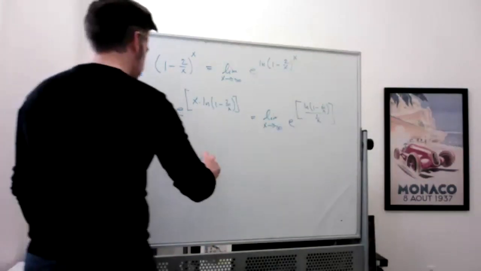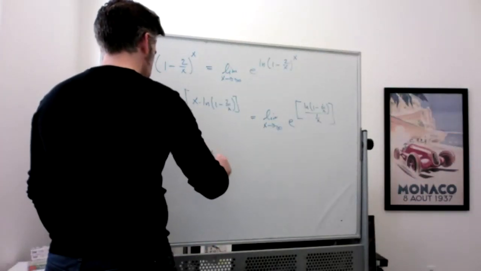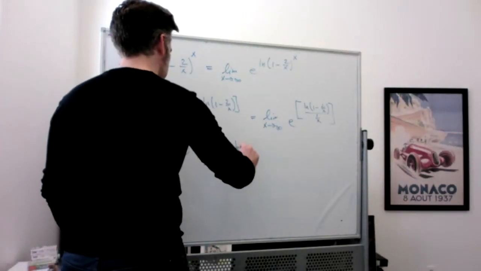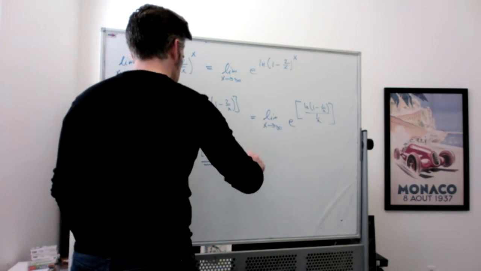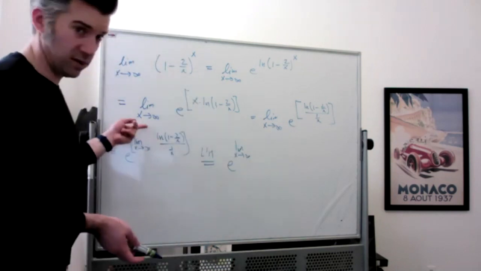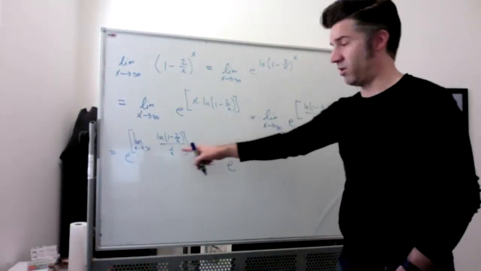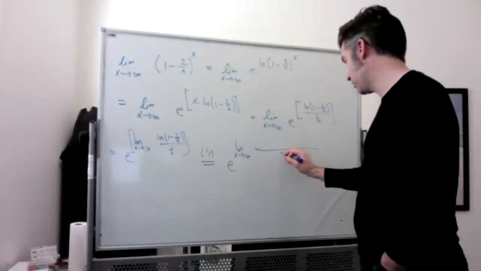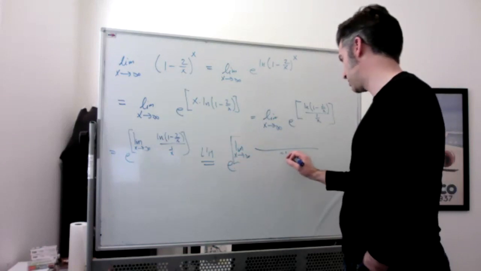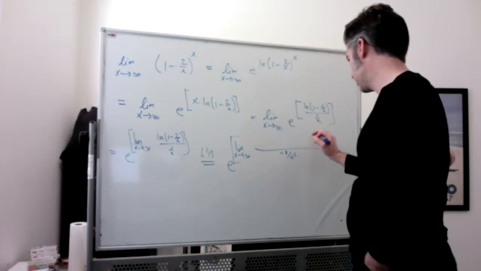So now we're going to use L'Hopital's rule. We're going to get e to the limit as x goes to infinity of, so again, derivative of the top, derivative of the bottom. The derivative of 1 over x is negative 1 over x squared. Put some brackets around this grossness.